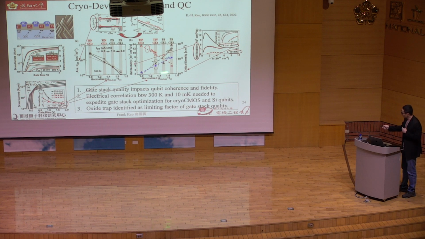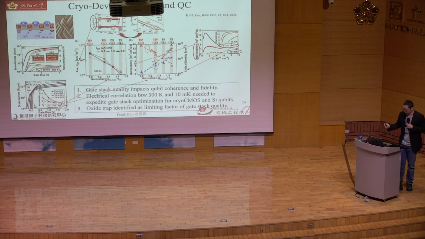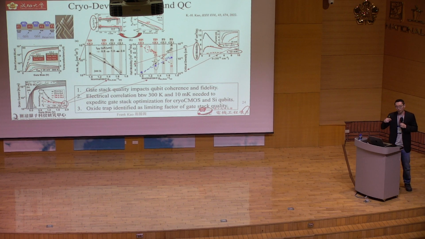So again, this is the room temperature parameter, and this is the device parameter at 10 milli-K. As you can see, you can again establish the correlation between these device parameters. So the spirit of this work is that if you have this correlation, you don't need to characterize your fabricated device every time at very low temperature.